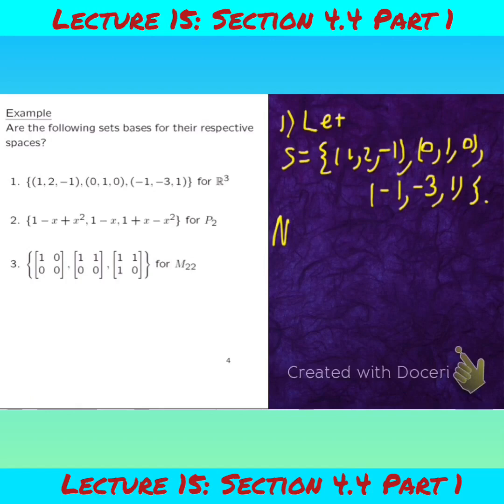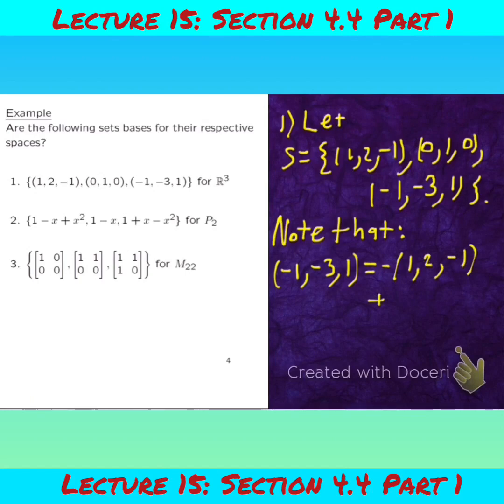Now, you can quickly see by inspection that you can write the vector (-1, -3, 1) as negative (1, 2, -1) minus (0, 1, 0).